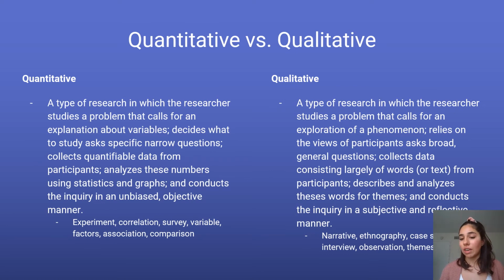And qualitative data, kind of like that same idea of quantity versus quality. So quantity might be numbers based, quality is based on different factors. So a type of research in which the researcher studies a problem that calls for an exploration of a phenomenon, relies on the views of participants, asks broad, general questions, collects data consisting largely of words or text from participants, describes and analyzes these words for themes, and conducts an inquiry in a subjective and reflective manner.